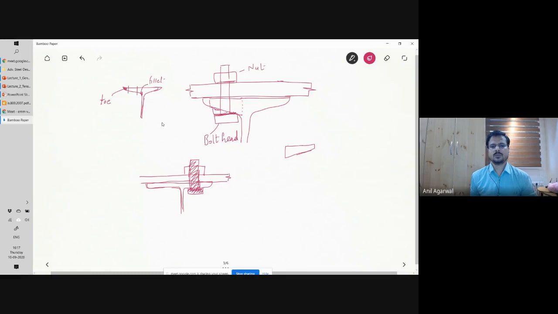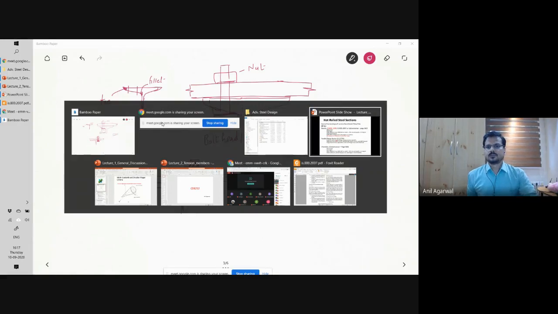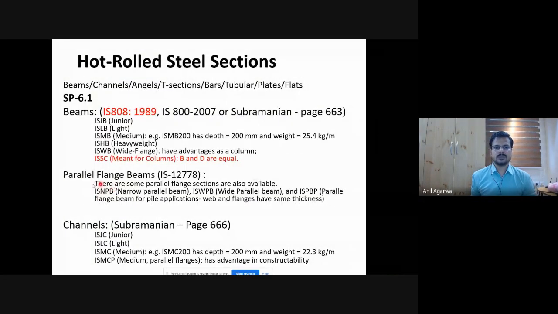So in this particular situation, you don't have to use any other material as a filler plate or washer. Of course, you can use a washer if you need to, but that is not really required because of the geometrical issues. So you don't need a tapered washer or tapered filler plate. That is the major advantage with parallel flange beams.